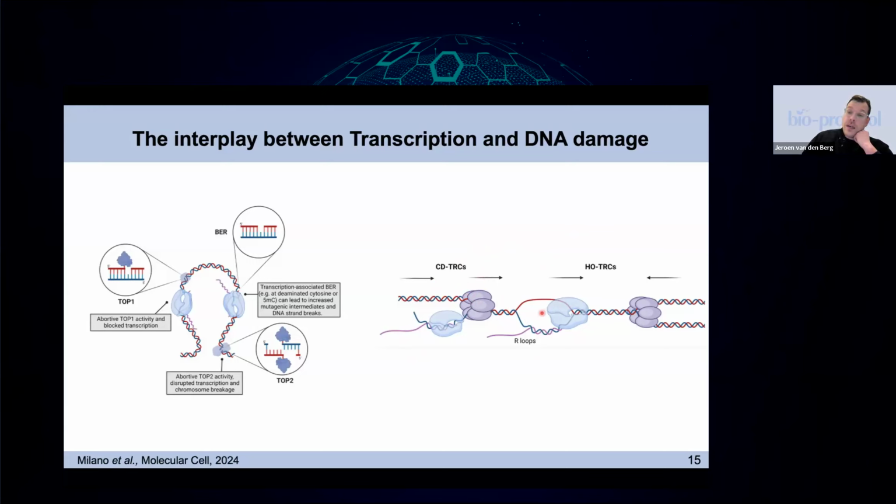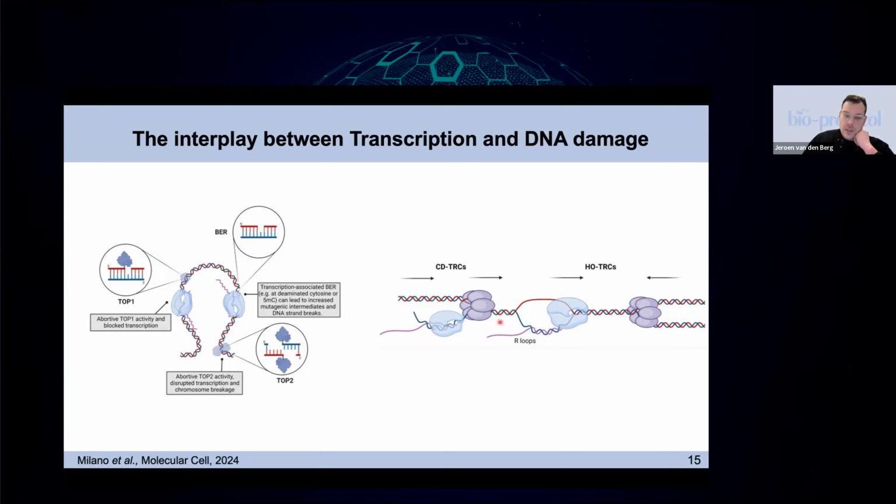For instance, if RNA polymerases are in the process of transcribing but then halted, then the nascent RNA can form a DNA-RNA hybrid, which is recognized by DNA damage signaling, and can form a problem to the oncoming DNA replication machinery.